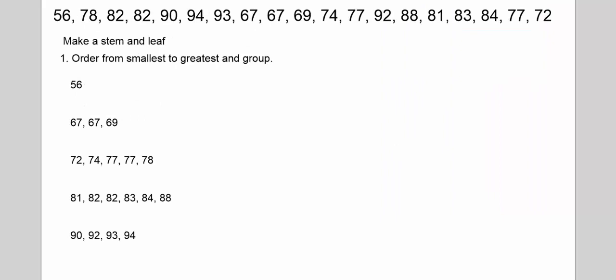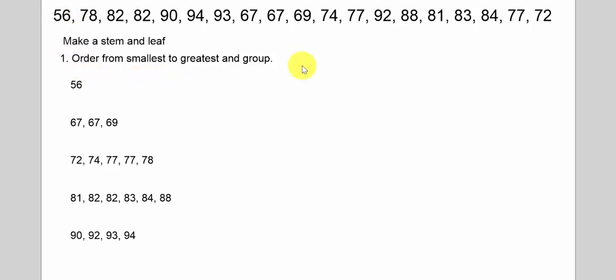So we're going to take this set of data and make a stem and leaf plot. The big thing initially is organizing the data so it's easily used. In the first case, I've arranged it from smallest to largest.